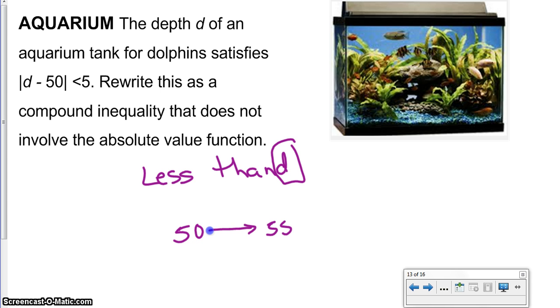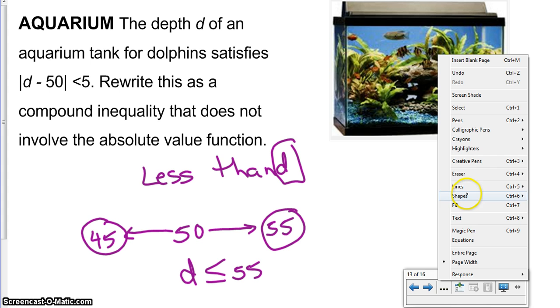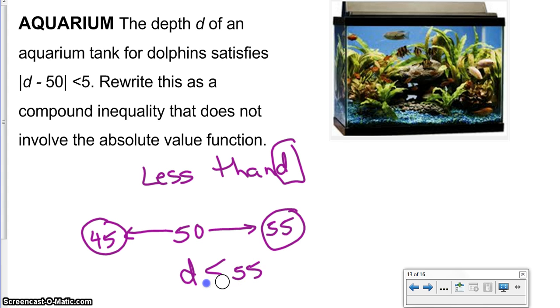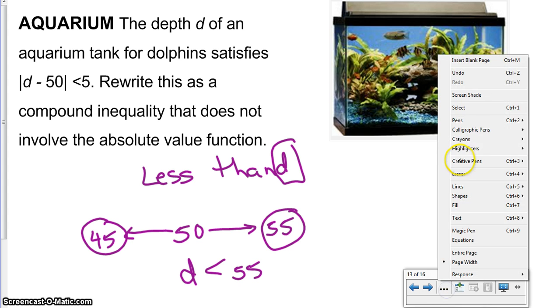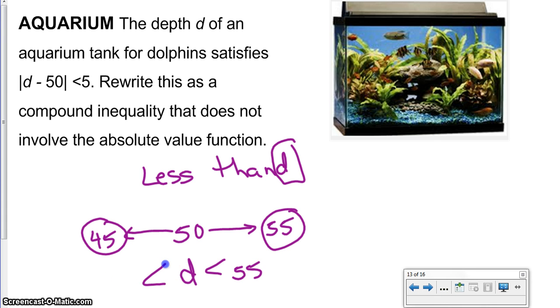So it can go up to 55, but not include it, and it can go down to 45, but not include it. What can the depth be? It can be less than or equal to 55. Oops, not or equal to, Mrs. Rose. It said up to that point. You need to remember that tomorrow when you're doing this. Don't make the same mistake Mrs. Rose just did. And greater than 45.